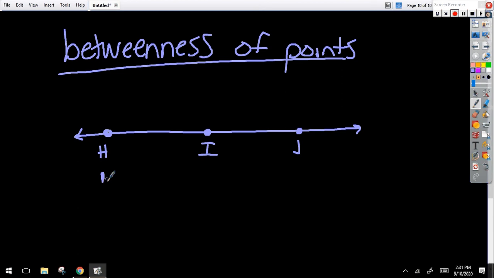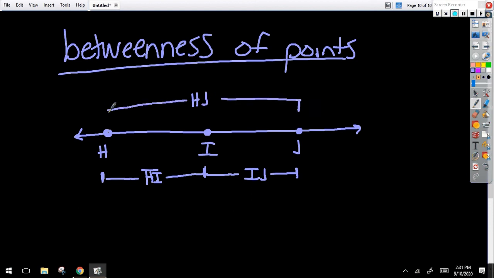From here to here, okay, this is line segment HI, right? This piece here is line segment IJ, right? The whole segment would be HJ. Those are all different line segments, right?